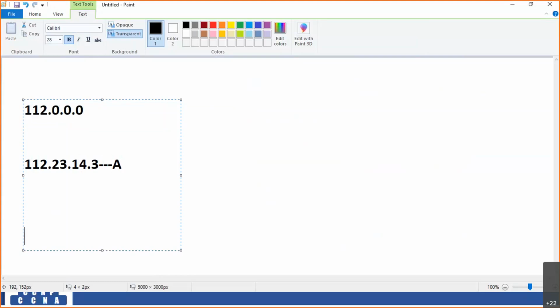What will be the broadcast ID? 112.255.255.255. What will be the subnet mask? 255.0.0.0. Is this IP address a public IP or private IP? This is public. Perfect.